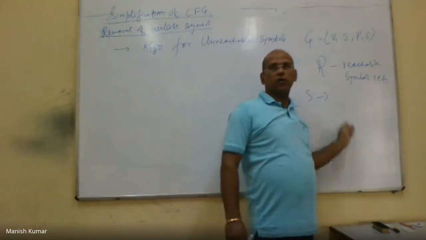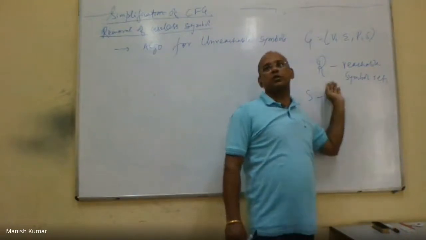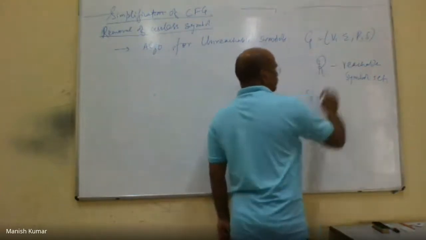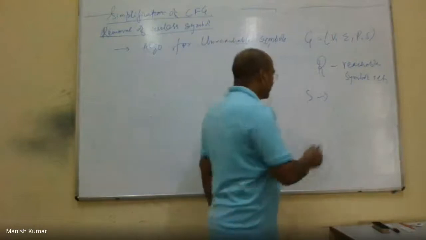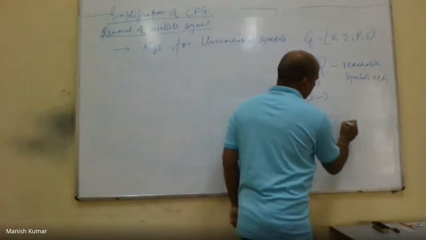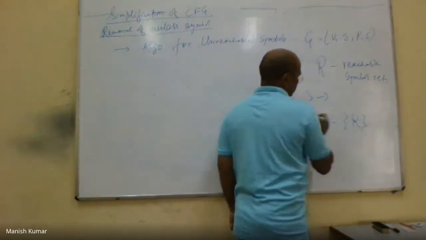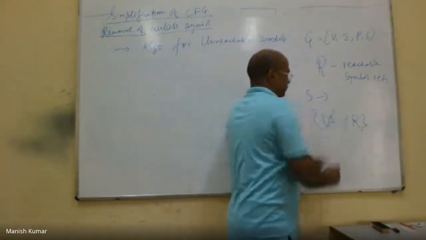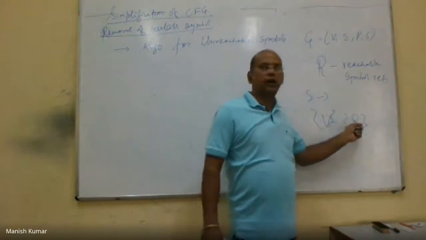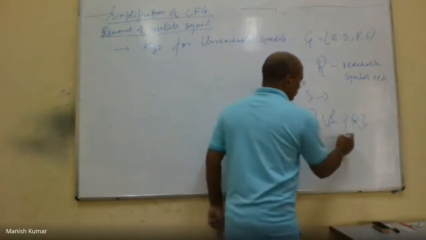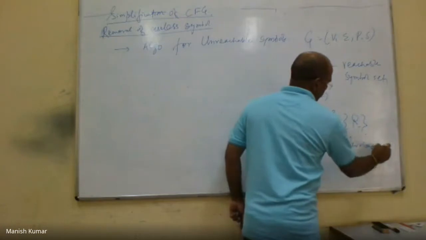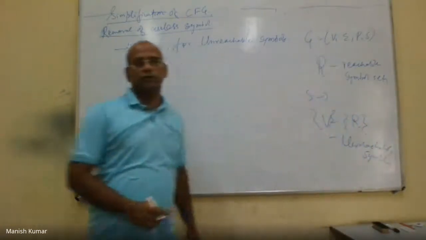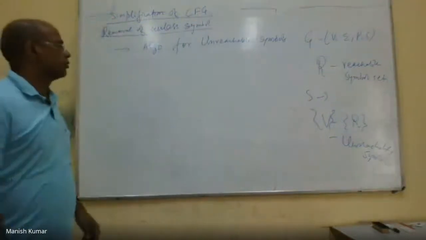Apart from all such symbols, the rest would be considered unreachable. So I'll find all reachable symbols, and then the V set minus R will actually give you the unreachable symbols. This is what we mean.